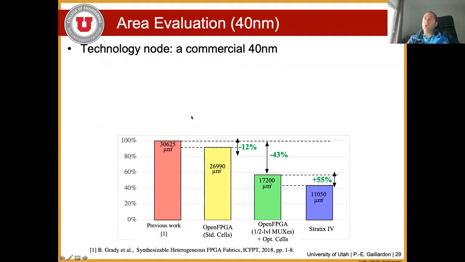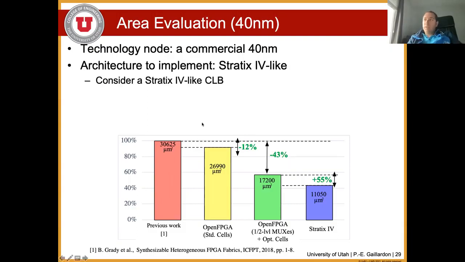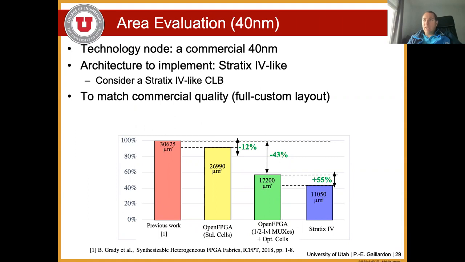Let me show you a graph showing an area estimation at the 40 nanometer tech node, TSMC 40 nanometer, of an FPGA implemented with OpenFPGA and a comparison with the commercial Stratix 4. The architecture is a Stratix 4-like CLB.